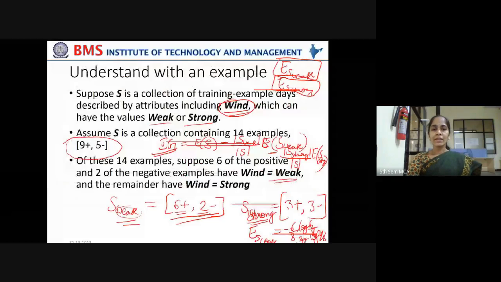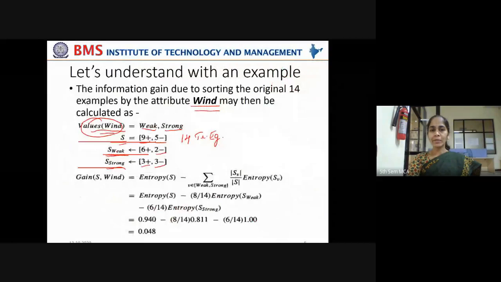Now see this. Number of training examples having wind value of weak is 6 positive and 2 negative. Number of training examples having wind value as strong is 3 positive examples and 3 negative examples. Now, how to calculate the information gain for the wind attribute? How does the ID3 algorithm proceed?